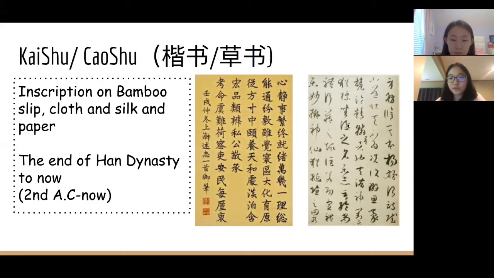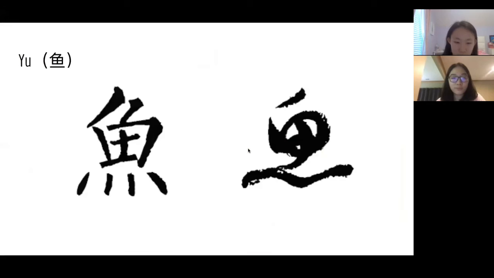As you can see in these pictures, this is CaoShu. CaoShu is a very artistic way of writing, so it's very difficult for people to recognize what it says. And KaiShu is very formal. The left is KaiShu and the right is CaoShu.